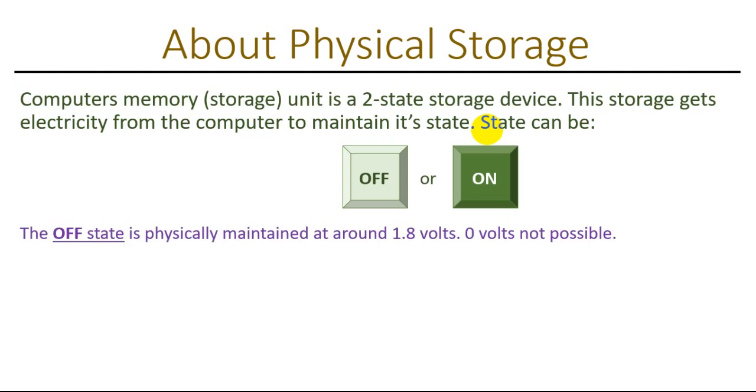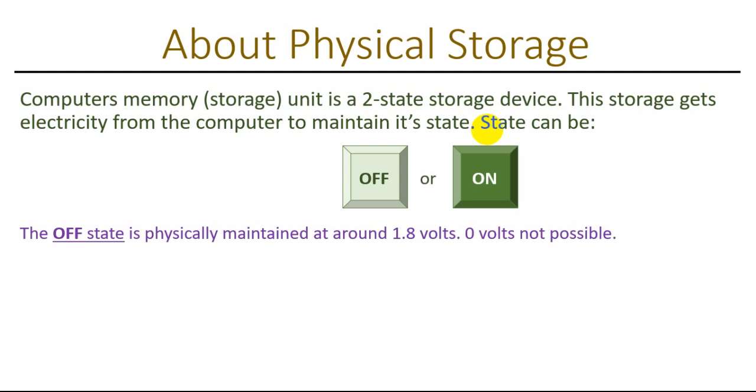The off state is physically maintained at around 1.8 volts. Some electricity is used inside, from the computer, to maintain this. It's not 0 volts, because 0 volts means no current, which is physically not possible.